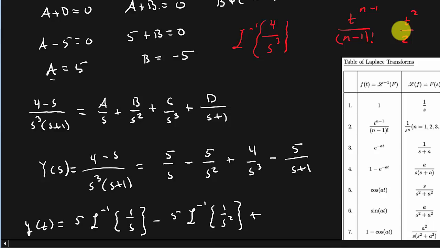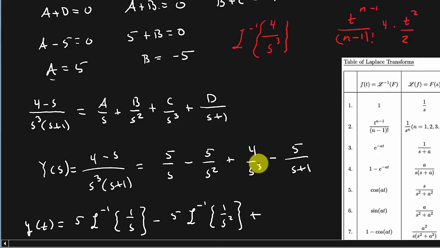You see that? So we've got 4, so that would be 4 times that. So that would be 2t squared. You see that? That's when we're doing the inverse Laplace of this.